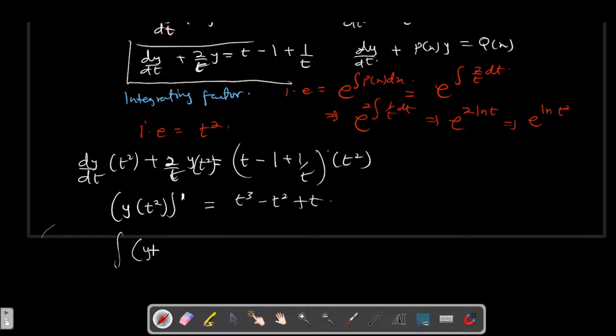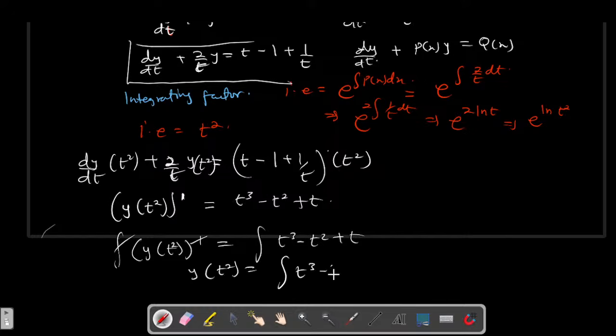So the integral of the expression y multiplying t squared derivative is equal to the integral of the expression t cubed minus t squared plus t. This derivative cancels the integral, so the expression becomes y multiplying t squared is equal to the integral of t cubed minus t squared plus t dt.